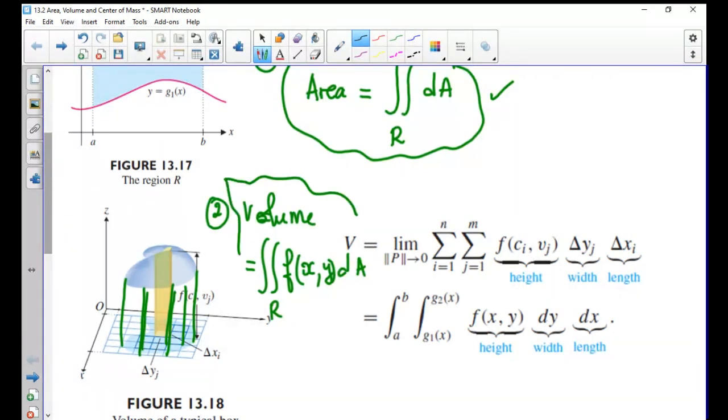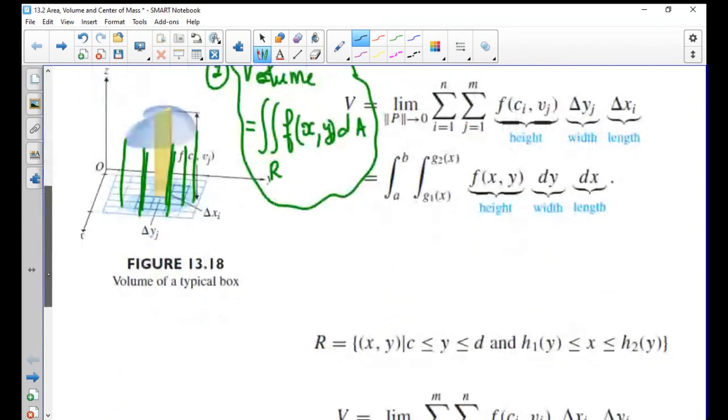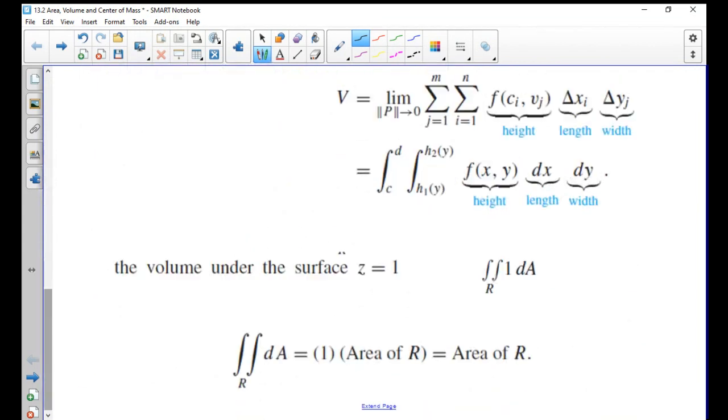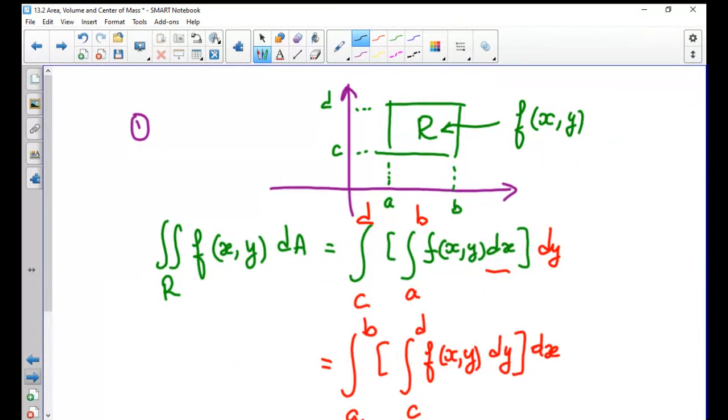So you have a function f defined over a region R. The volume of the solid is just the integral of the function f over the region R that you have here on the xy plane. So this will give you the volume of the solid. These are the two formulas that we will be using.